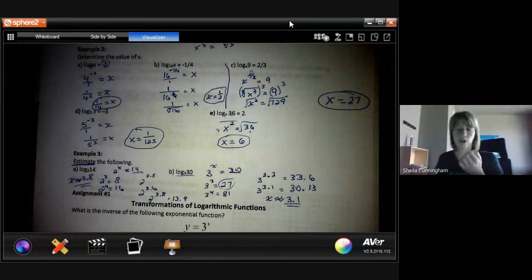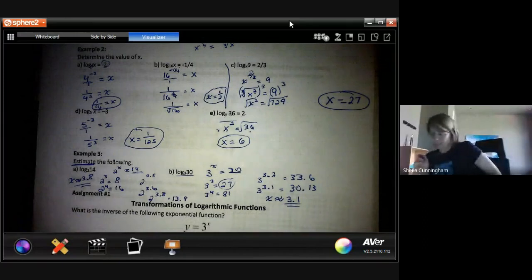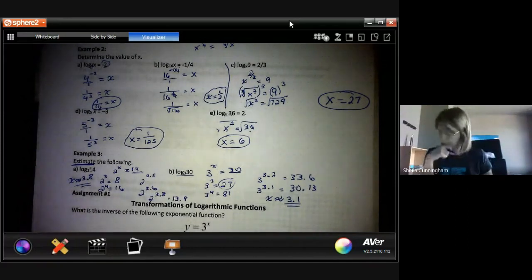I don't want you to go and plug the value right into your calculator or figure it out exactly. In this one, you would be finding a cube root, and you don't need to find it exactly. I just want an estimate. If I saw an exact answer, I'd probably mark it wrong because you didn't follow suit in understanding what estimation would look like, right?